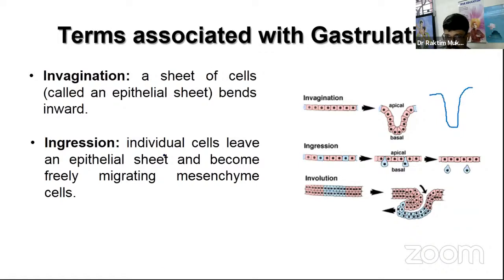Then you have ingression. Ingression is when individual cells leave an epithelial sheet and become freely migrating mesenchymal cells. So individual cells have left the epithelial sheet, and now they will be migrating freely as mesenchymal cells, that is ingression.